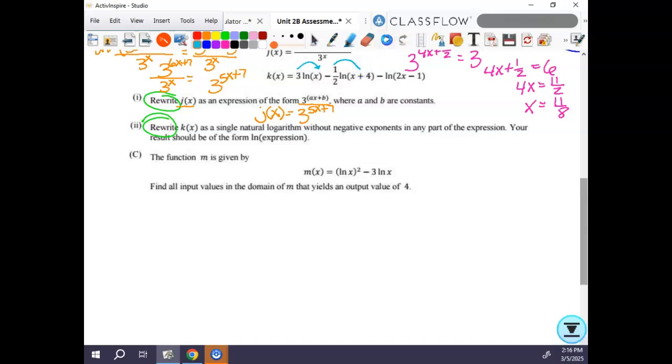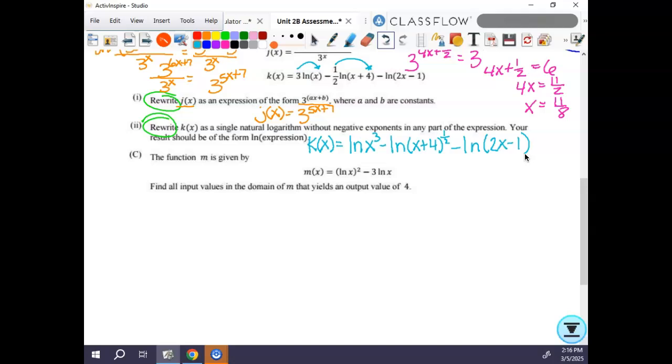The 1/2 is going to have to become an exponent. And then that third term is fine. So k of x equals natural log of x cubed minus natural log of x plus 4 to the 1/2 power minus natural log of 2x minus 1.